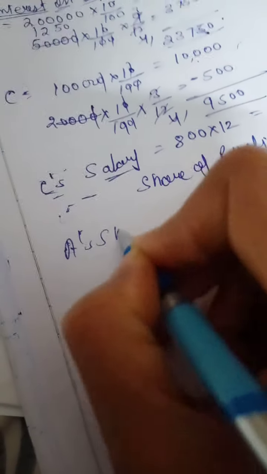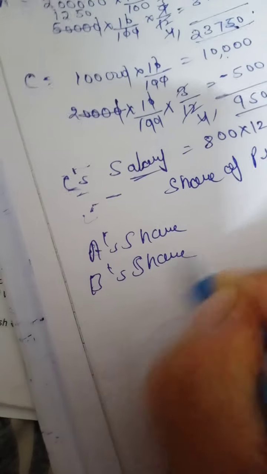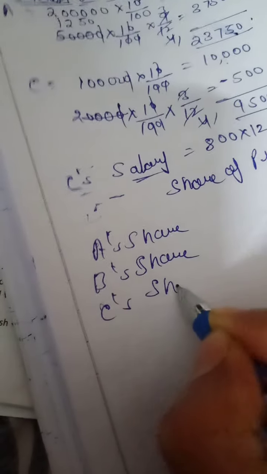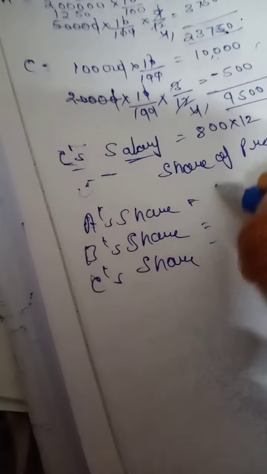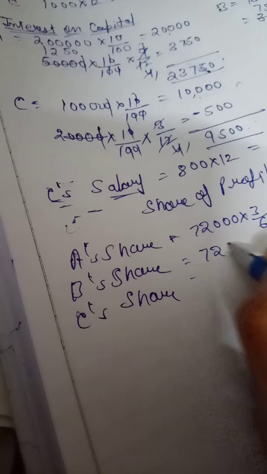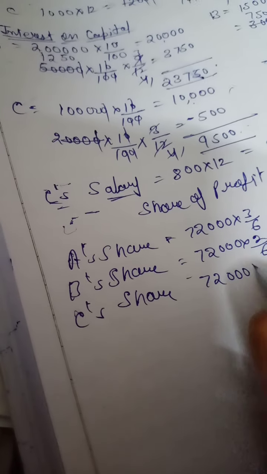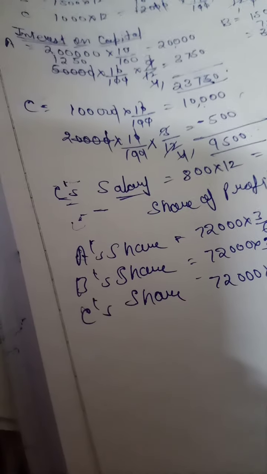Then it is distributed in the 3:2:1 ratio given in the question. So A's share, B's share and C's share: 72,000 into 3 by 6, 72,000 into 2 by 6 and 1 by 6.